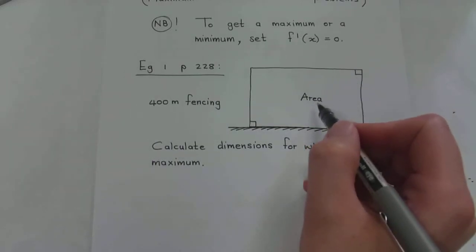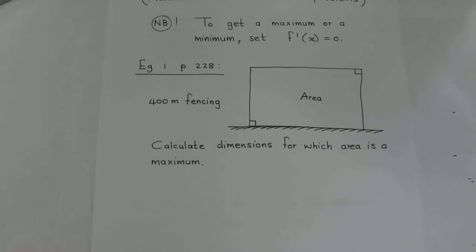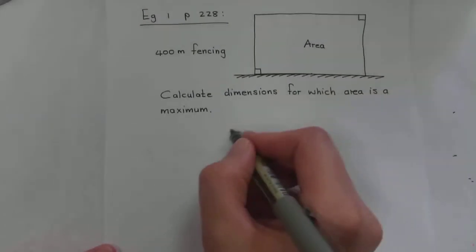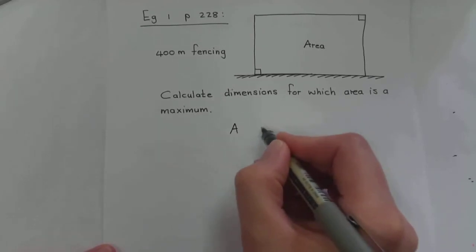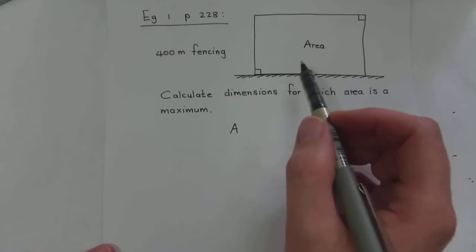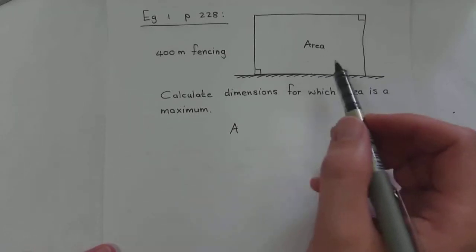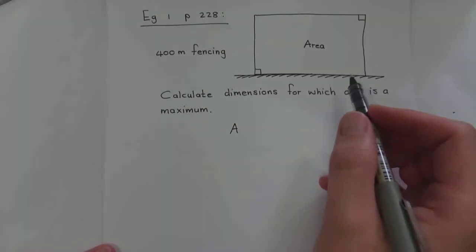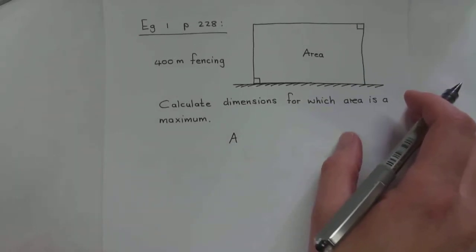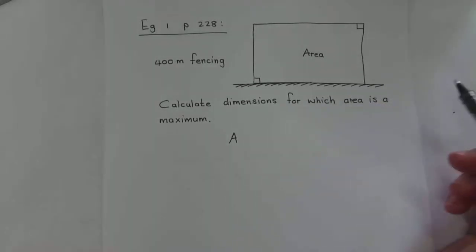If we are trying to optimize area, we need to first write down a formula for area. Normally the formula for area is length times breadth because it's a rectangle. But I don't really want to use length L and B, that's just awkward variables. Instead, I'm going to make the length equal to y and the width equal to x, because that's the way they do it in the textbook.